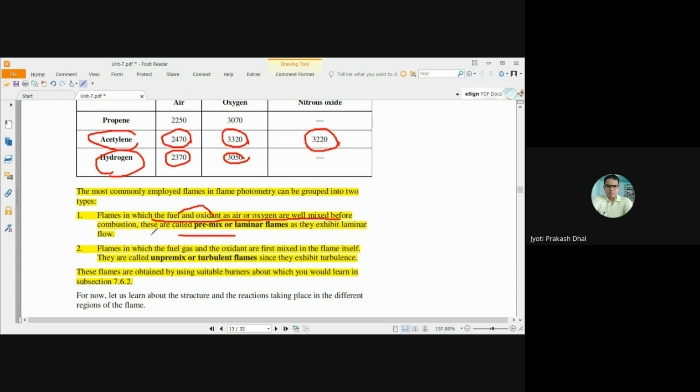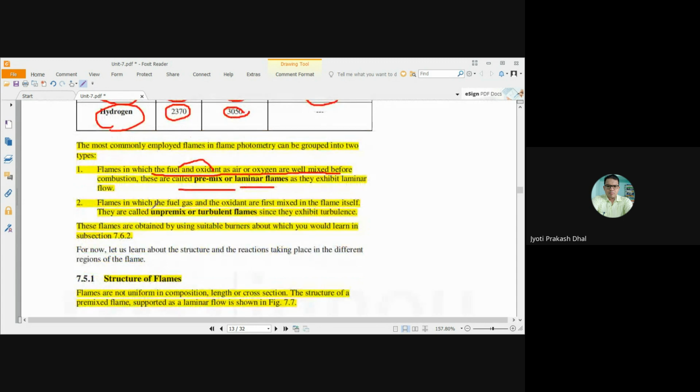That is called a premix or laminar flame. In the second type, the fuel gas and the oxidant are mixed in the flame itself. Here mixing takes place in the flame itself, and that is called a non-premix or turbulent flame.